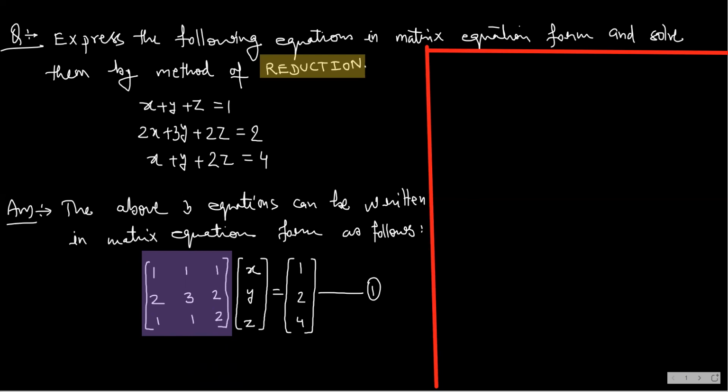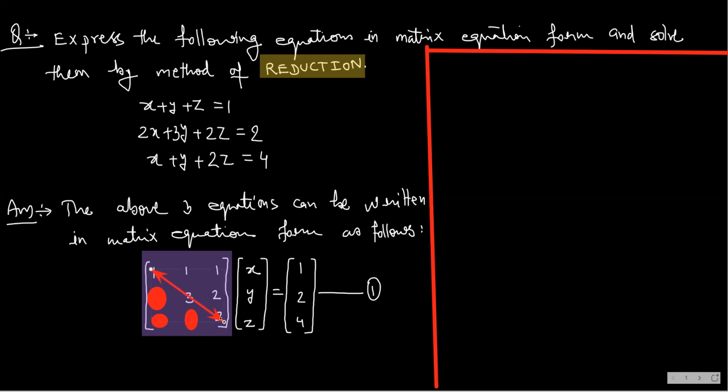I will try to get zeros at these positions. If I get zeros at these positions, you understand, students, that these zeros are below the diagonal.